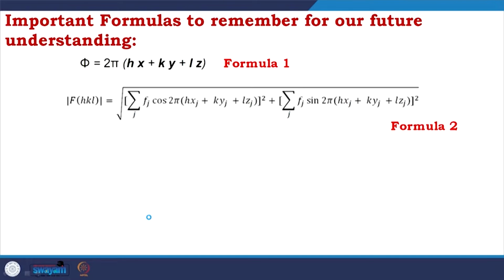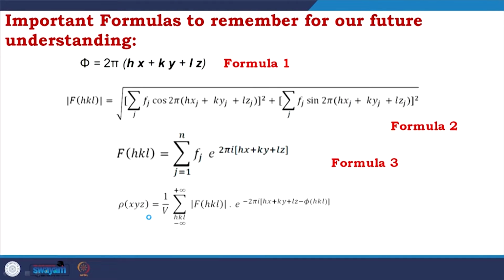This we call formula 2, which is reduced to summation j equal to 1 to n f j e to the power 2 pi I (h x plus k y plus L z). That is formula 3, which is about the structure factor.